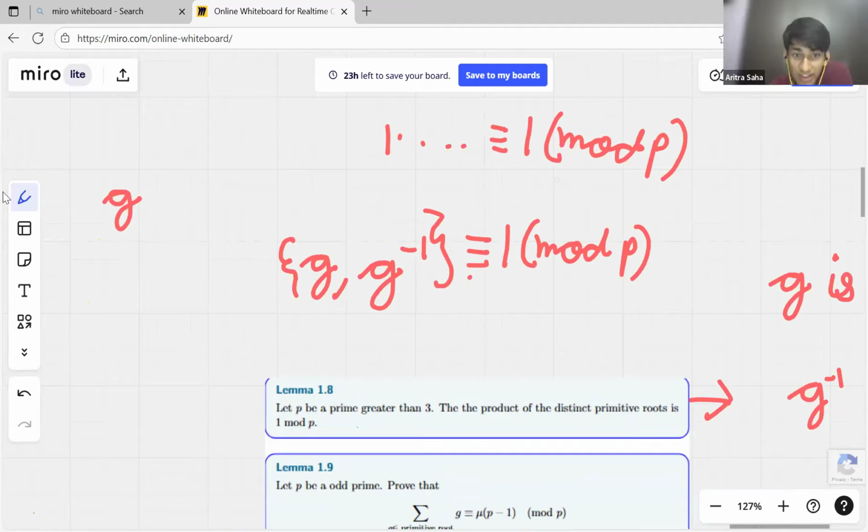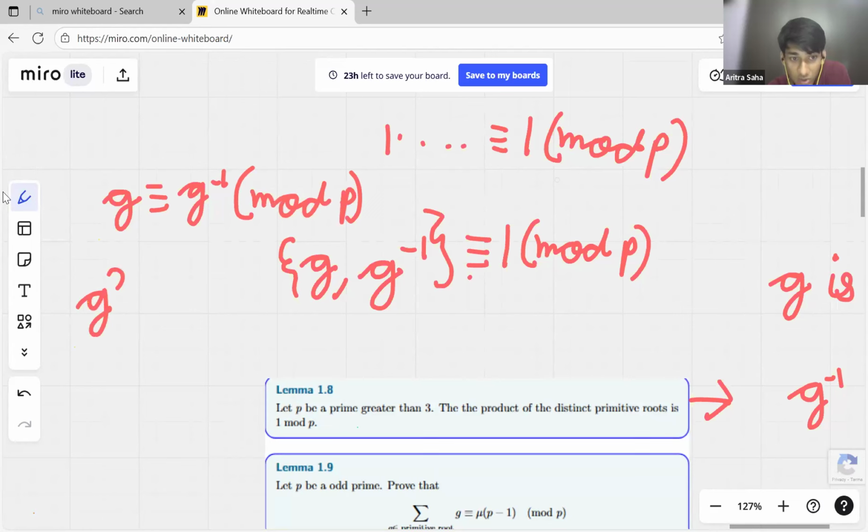So this has to be distinct basically. And for G to be equal to G inverse, G squared is 1 mod P, and that makes P equal to 3. So if we have P greater than 3, then this can't happen. G can't be equal to G inverse. So that's why all the things are distinct.